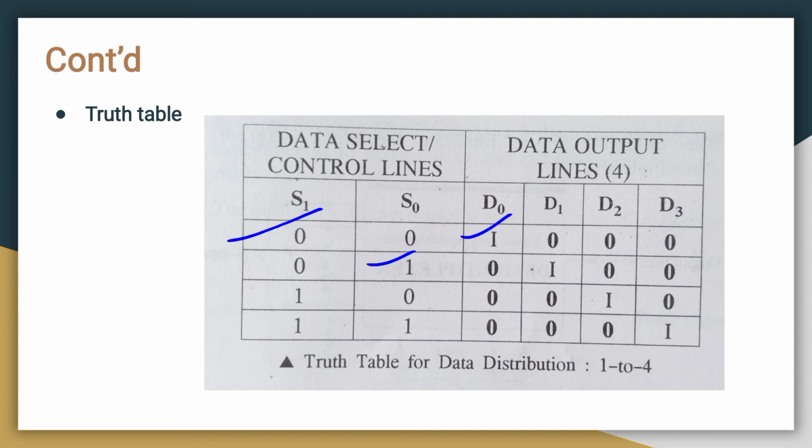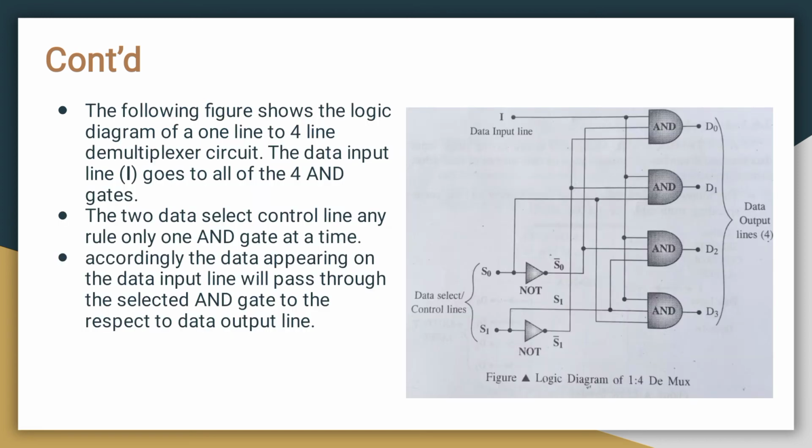When S0 is high, it will select D1. When S1 is high, it will select D2. When both are high, it will select D3 as the output line. So this is the figure depending on the content studied in the truth table.